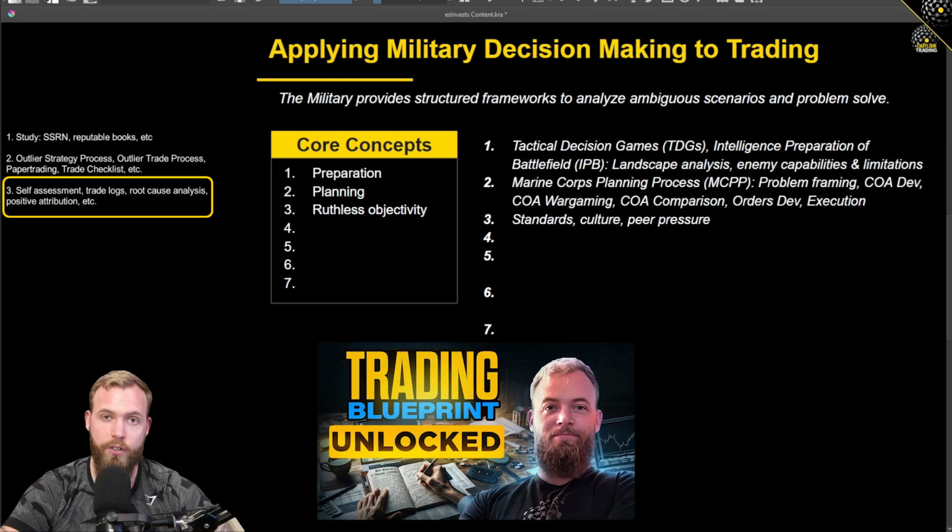The importance of a trade log is because it gives us quantitative feedback on what we're doing so that we don't have that disconnect between what we think we're doing and what we're actually doing. A great example of this is in the Marine Corps, you have physical standards. You have a PFT, physical fitness test, a CFT, combat fitness test. You get grades for those. You go to the shooting range, you get a score on the rifle and pistol range.